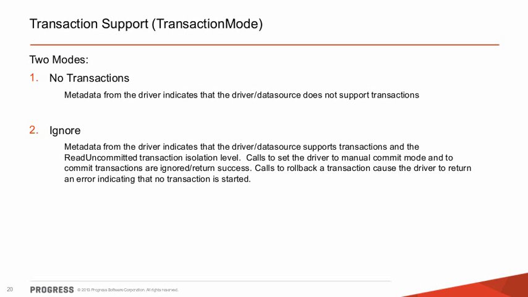One mode where we say, nope, there are no transactions, and the application is fine with that. And the other mode is where we sort of fake it and say, yeah, there are transactions, and we're going to effectively lie to you about their state, because the underlying source doesn't really have the same level of transaction fidelity that a relational database would have.